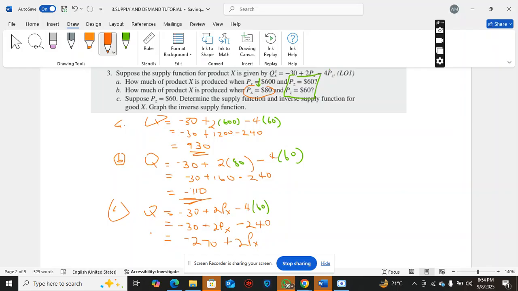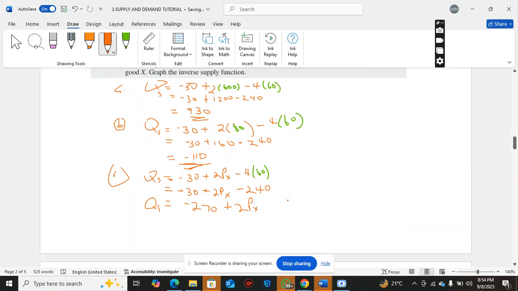Then the inverse supply function. What it means when they say inverse supply function just means you have to make P the subject of the formula. So for the inverse, to make P the subject of the formula, this negative 270, we take it over the equal sign.